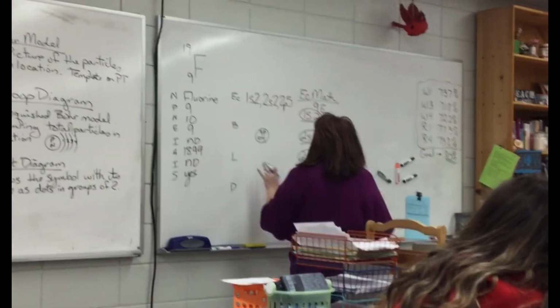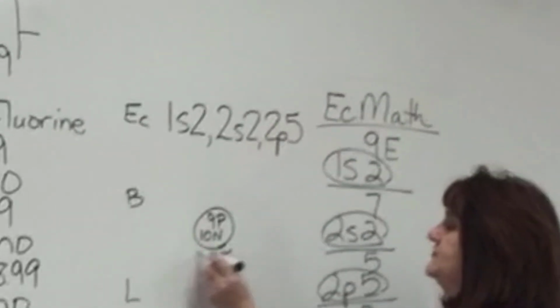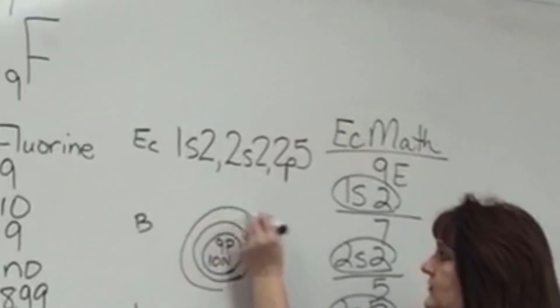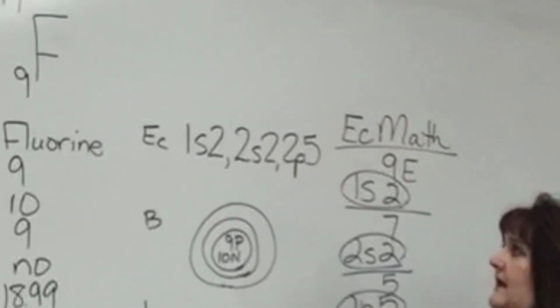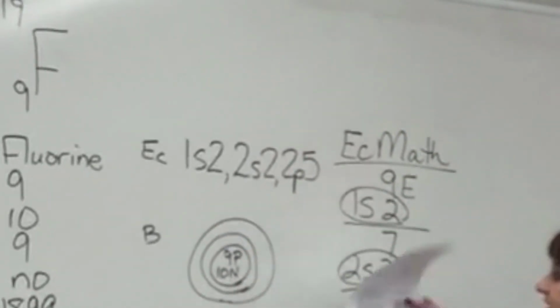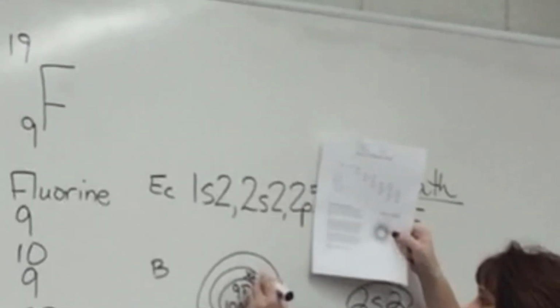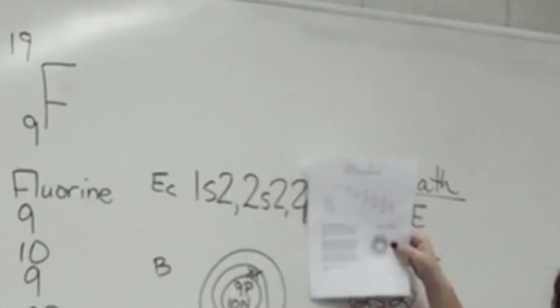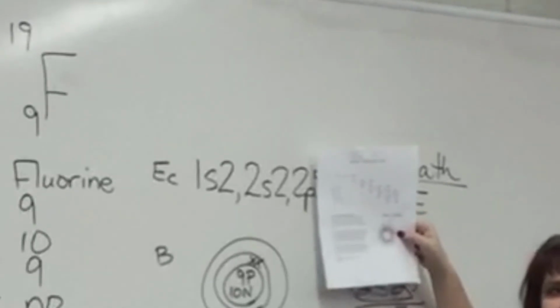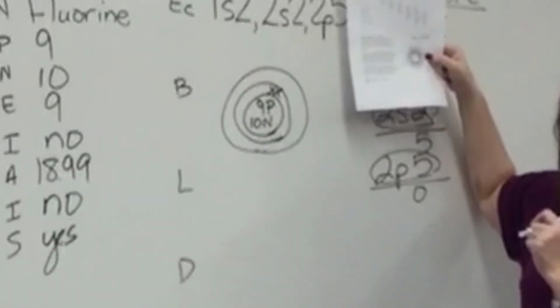So, I only need 2 shells. In the S section, again, following my template, the S section would be here, and I can put X's, slashes, E's, whatever makes the most sense to you. You can put dots and color them in.